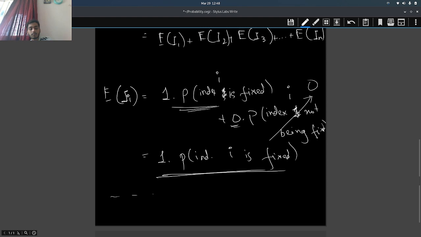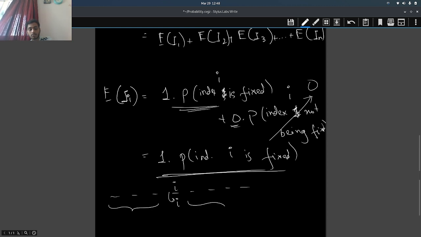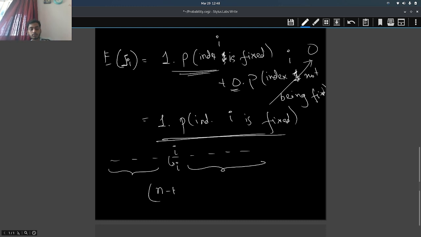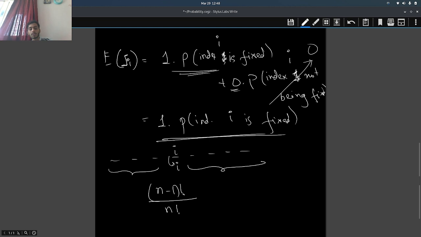Let's say index i is fixed, which means i is at the ith index. So we can arrange all the rest in n minus 1 factorial ways, and the total number of arrangements is n factorial. So we get 1 by n as the probability of index i being fixed, isn't it?